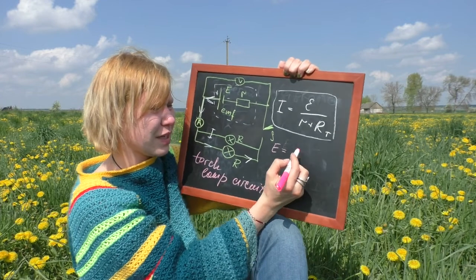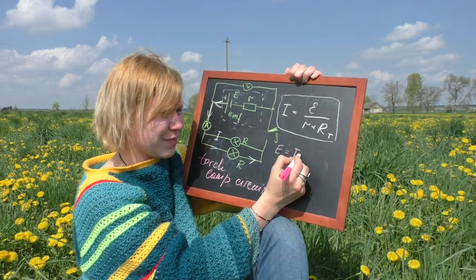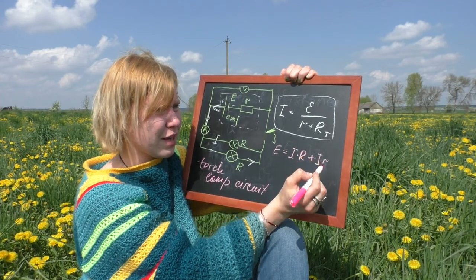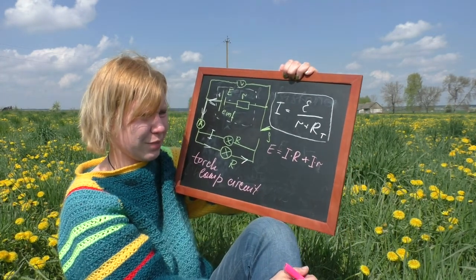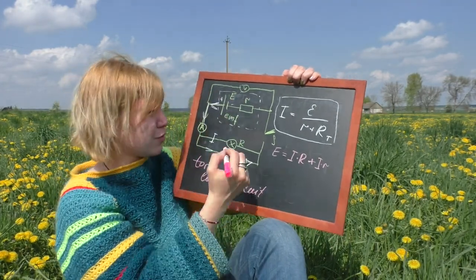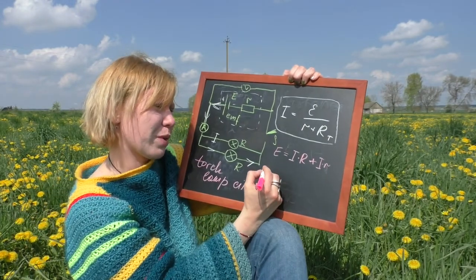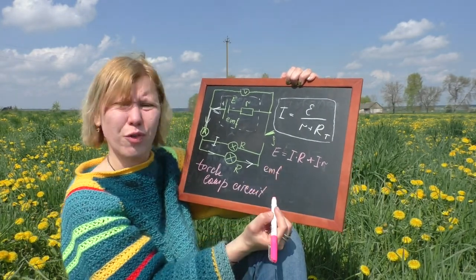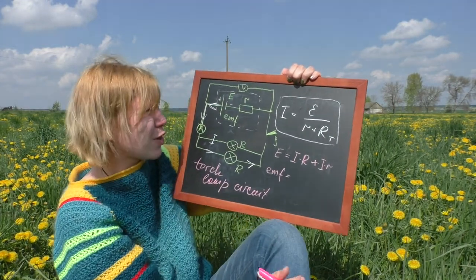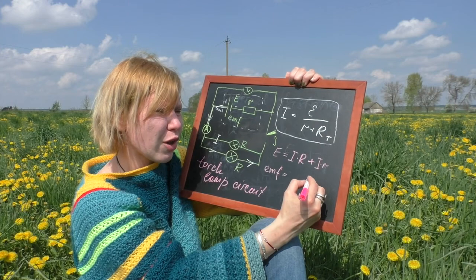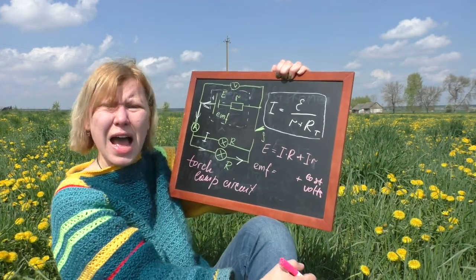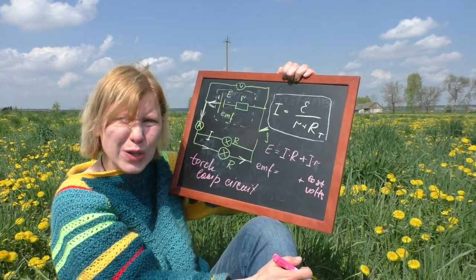So epsilon is current by R, plus current by small r. It's a rearranged formula as we have. This epsilon, or the voltage that's coming from the direct current power supply, is called EMF, electromotive force. The voltage that goes to the internal resistance is called lost volts.